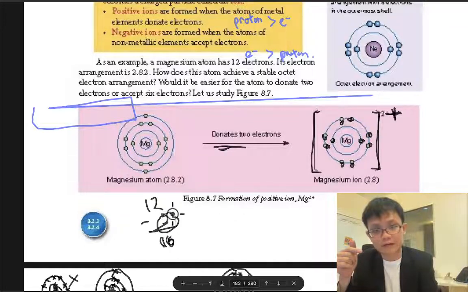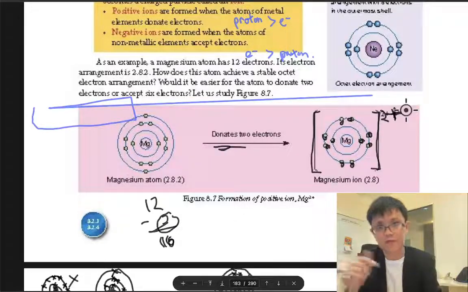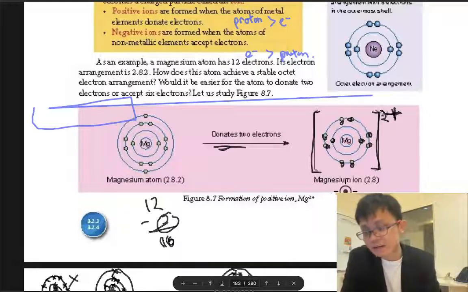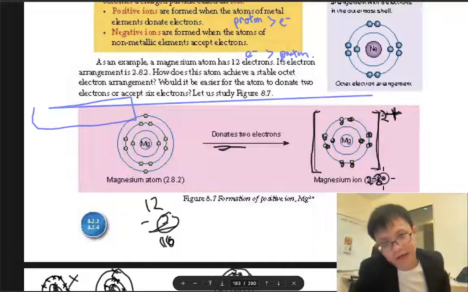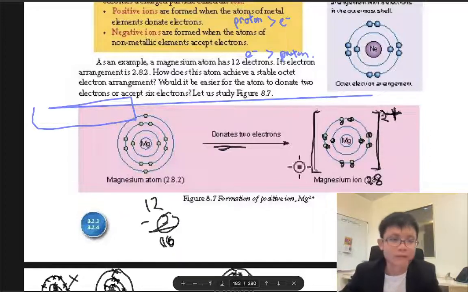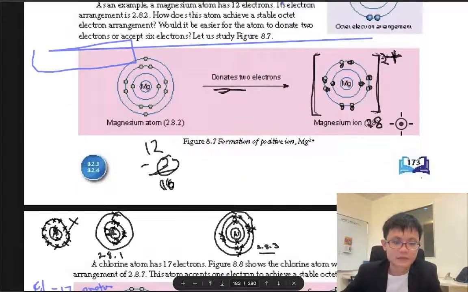The 2 go where? I just write here 2. And then if the question asks you to write out the electron configuration, the arrangement of electrons, it's 2.8. Yeah, that will be how you do it.